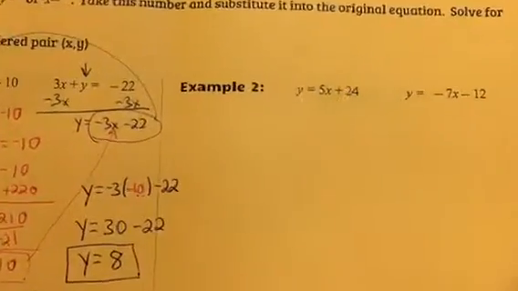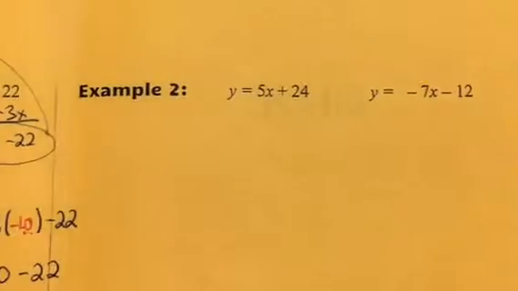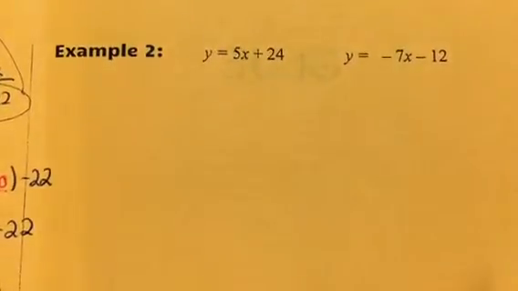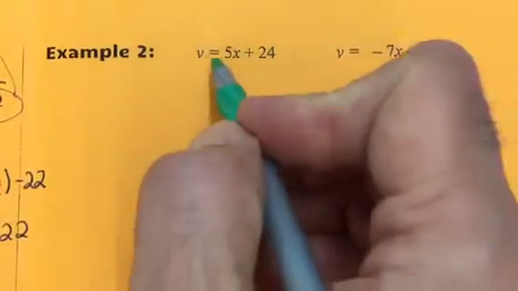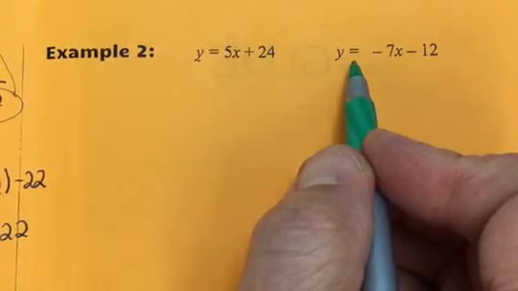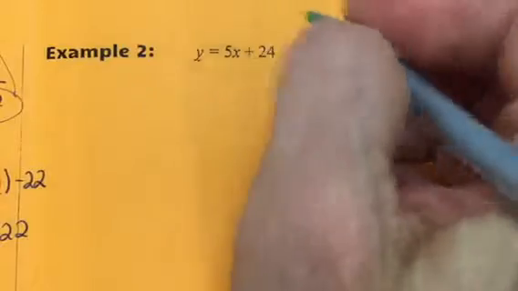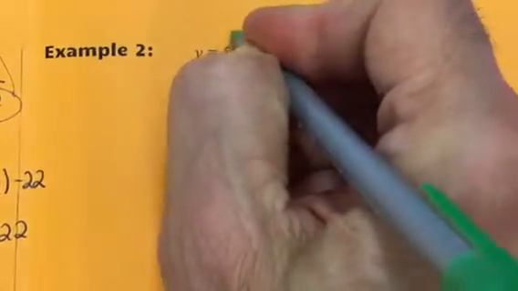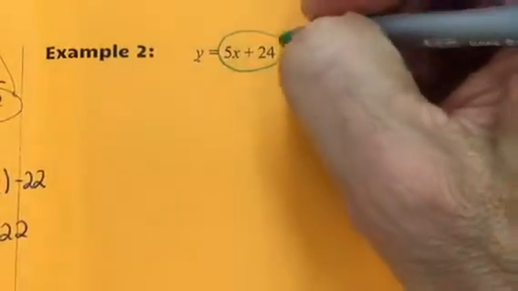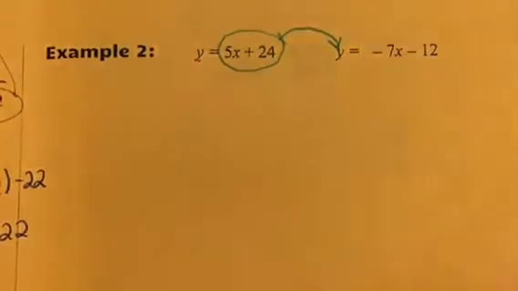We'll zoom in a little bit. I have y equals and y equals. They're both alone. So I guess what I could do, this stuff can go right here.